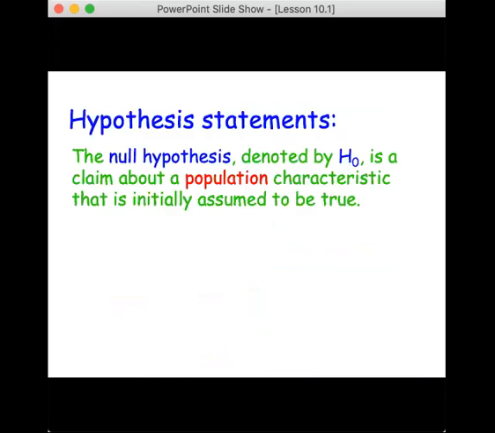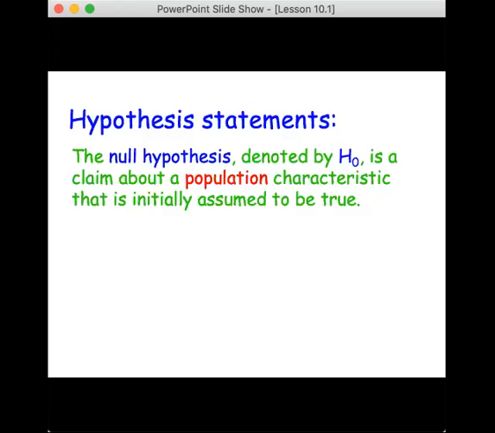All right, so speaking of these hypotheses, there are 2, remember. The first one is called the null hypothesis, denoted by H sub 0. This null hypothesis is a claim about the population that is initially assumed to be true.